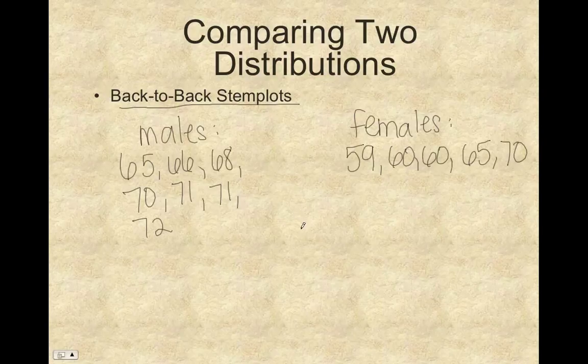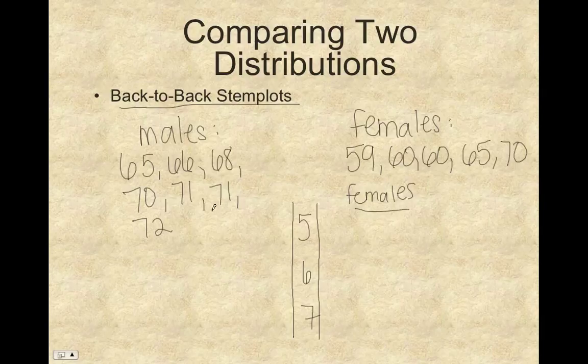What a back-to-back stem plot does, which is pretty cool, is that it reuses the same stem for both distributions, and one has leaves going off to the right and the other has leaves going off to the left. So I know by combining these two that my stems need to go from 5 up to 7. So 5, 6, 7. And let's say I put females on the right and males on the left. I would label this.